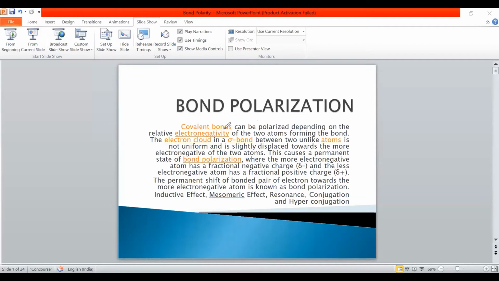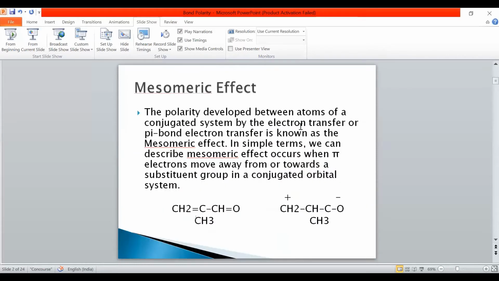If the shift is taking place through a sigma bond, that is called inductive effect. And now let us learn about the next effect, that is called mesomeric effect.